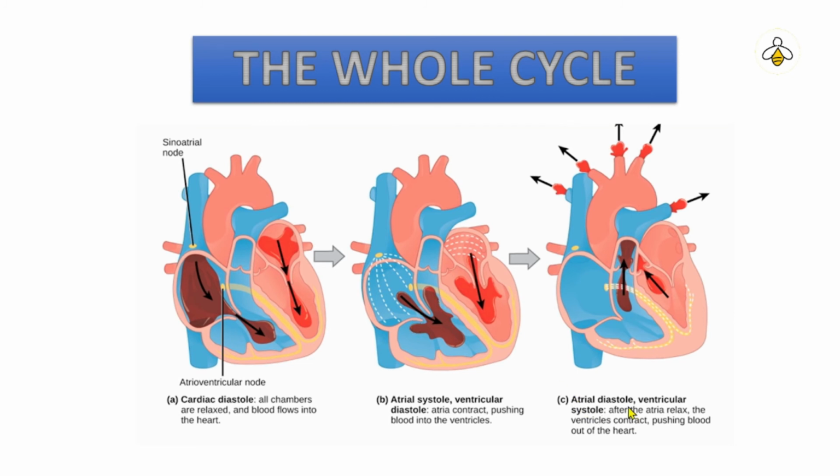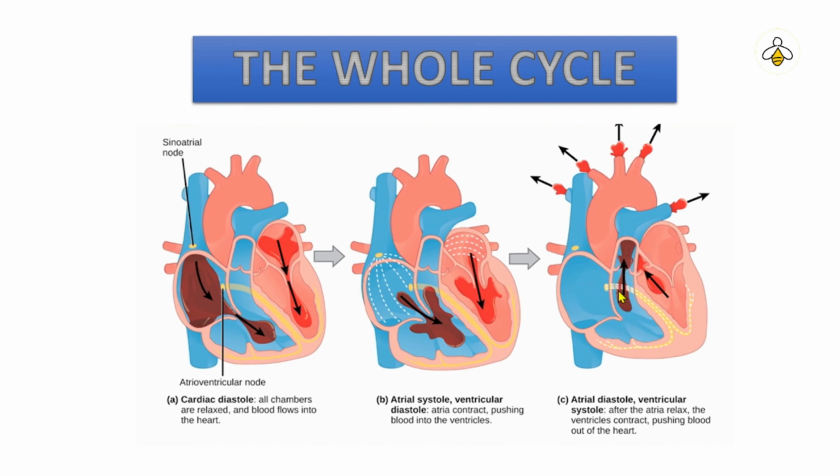The last stage is ventricular systole, during which both the ventricles are going to contract, thus opening the semilunar valve and pushing the blood into the pulmonary artery and aorta and thus leaving the heart. You need to remember, during this stage, the pressure is increased in the ventricle as compared to the atria.